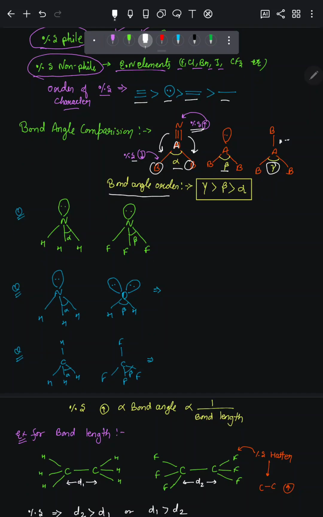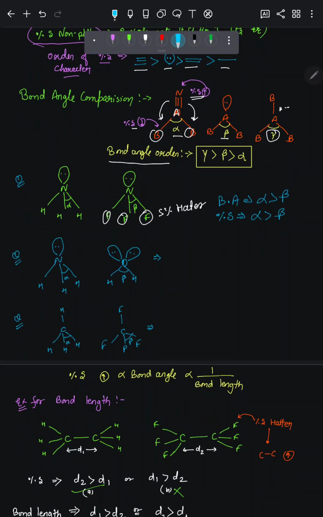Now let's take an example of NH3 and NF3. We know that the presence of this fluorine group, these are percent S haters. So the bond angle order will be alpha is more as compared to beta, and similarly the percent S character will be more in alpha as compared to beta.